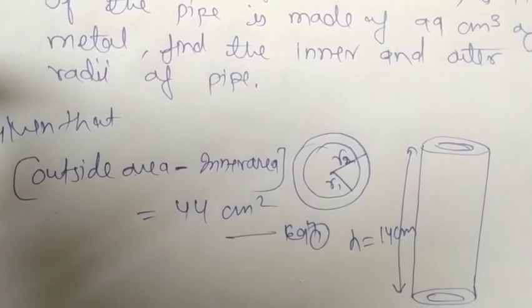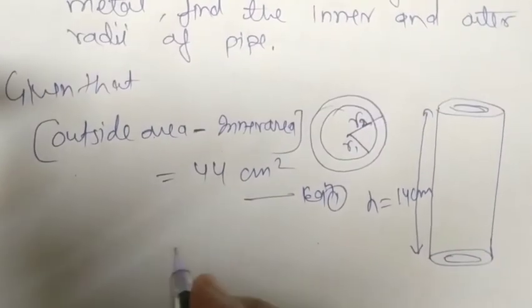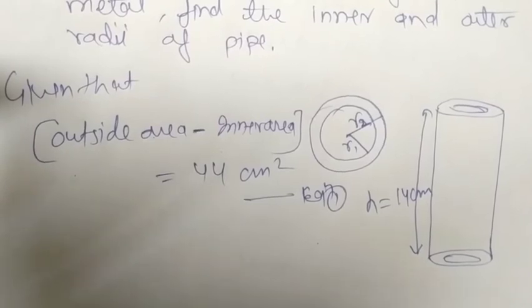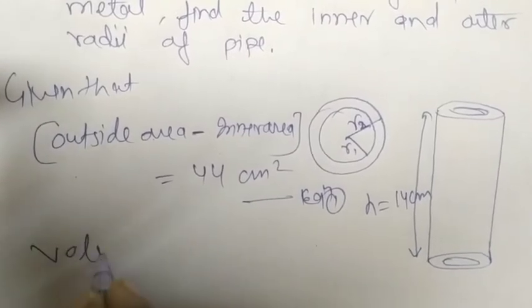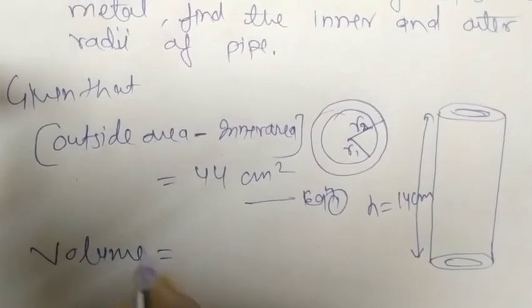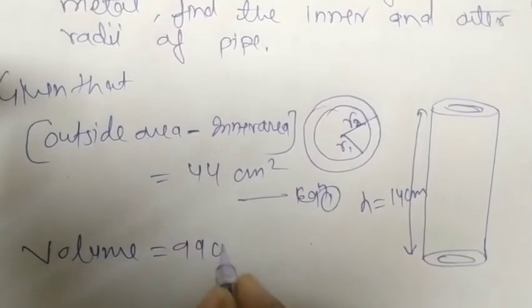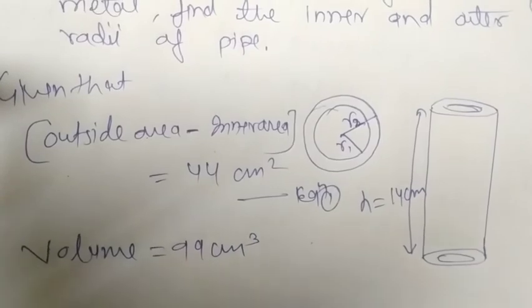Equation 1. And secondly, we are given that the pipe is made of 99 centimeter cube of metal. It means this 99 centimeter cube is the volume of the cylinder. Volume is given, 99 centimeter cube.